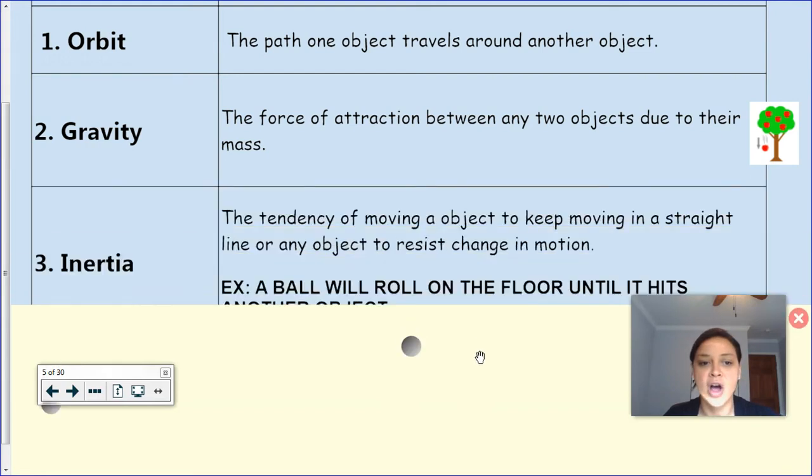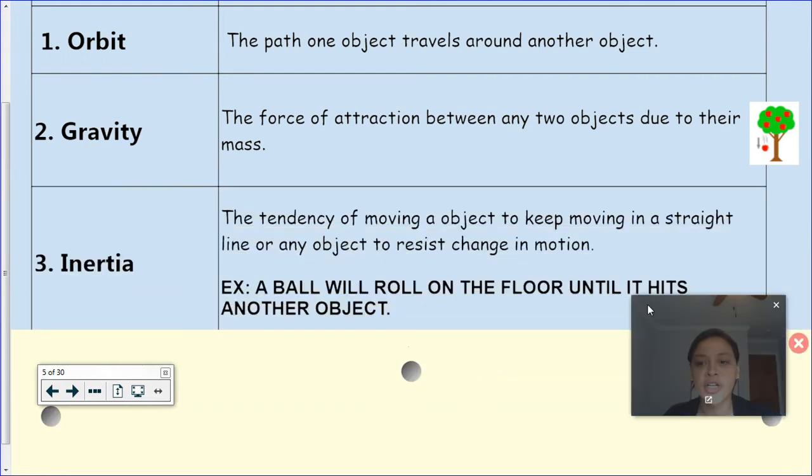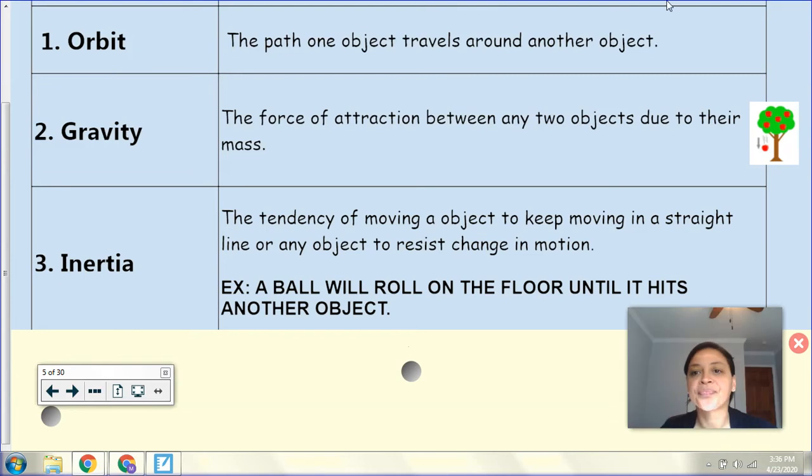Moving on, the next word is inertia. Many students may have never heard that word before. It is the tendency of a moving object to keep moving in a straight line, or any object to resist change in motion. Here's an example I found for you: a ball will roll on the floor until it hits another object.